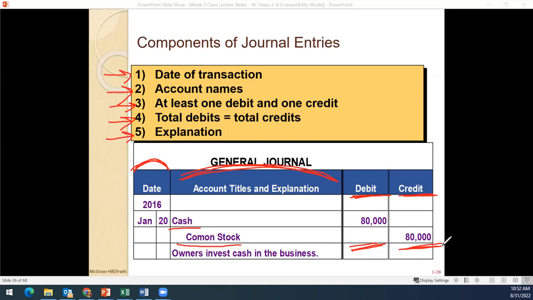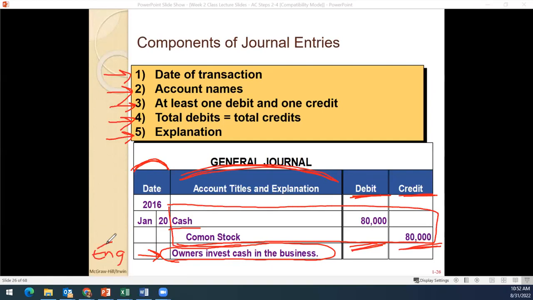The last piece is the explanation, and that's what you see here at the bottom. That's basically where you translate the journal entry, or the transaction, back into English. This line here is English. This part here is accounting.